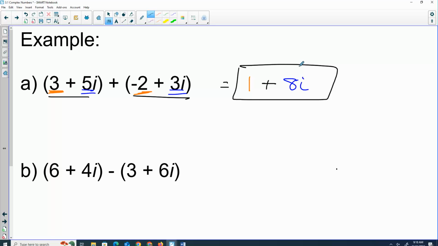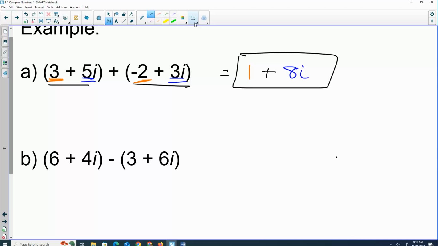So number 2, what should I do first here? Distribute the negative. We want to subtract, so we distribute our negative through. And then we just combine like terms.